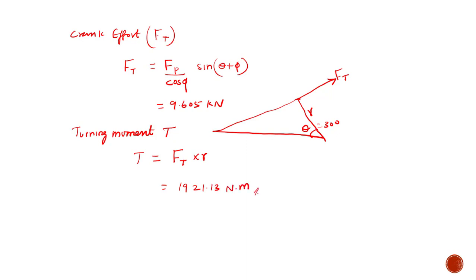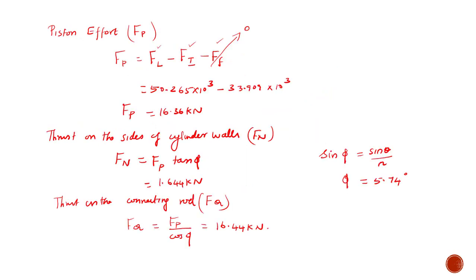In this tutorial, we have seen how to calculate the inertia forces and how to find the gas load acting on the piston because of the pressure during the power stroke. Using these two values, we calculated the net load on the piston, that is the piston effort, by applying FL and FI.